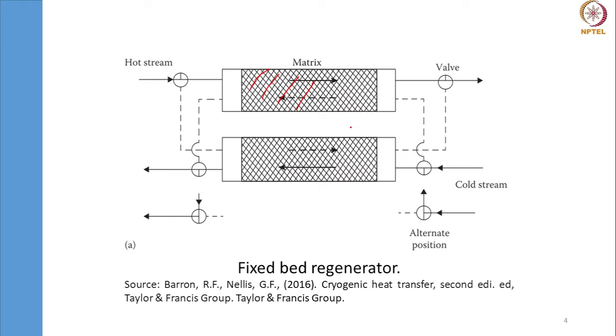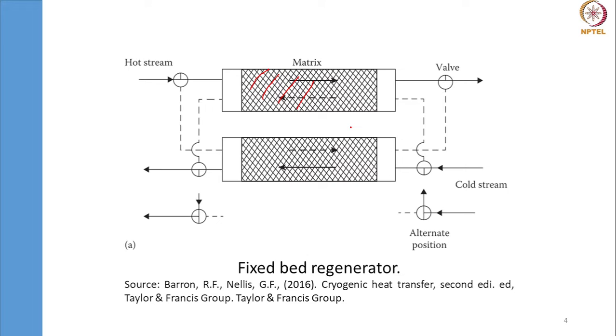For example, if we want the heat exchanger operating at 10 to 30 Kelvin, we would require lead and lead antimony spheres or lead antimony shots to be present in the matrix. In case we want the heat exchanger to operate in the temperature range of 100 to 300 Kelvin, we will be using SS material as the matrix. Below 10 Kelvin, there are other types of magnetic materials that we are going to use.